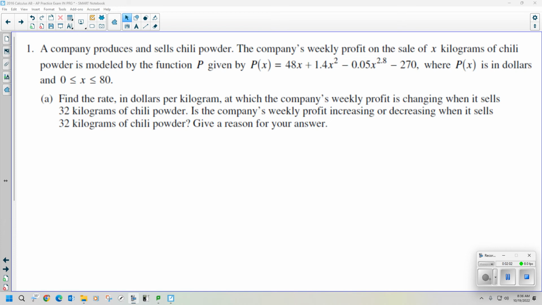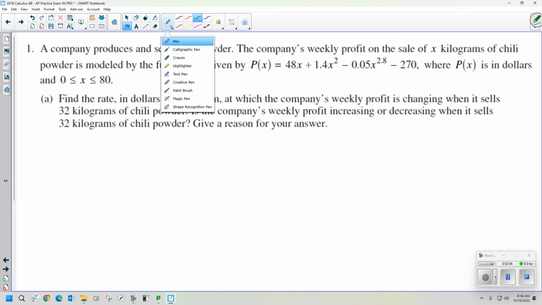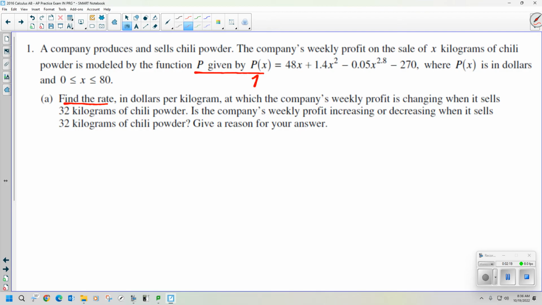All right, let's figure out what they're asking us. Find the rates. P is profit, and X is kilograms.